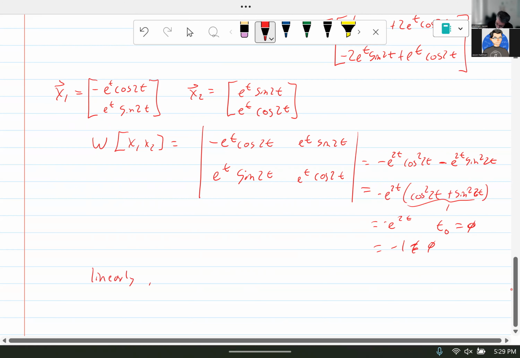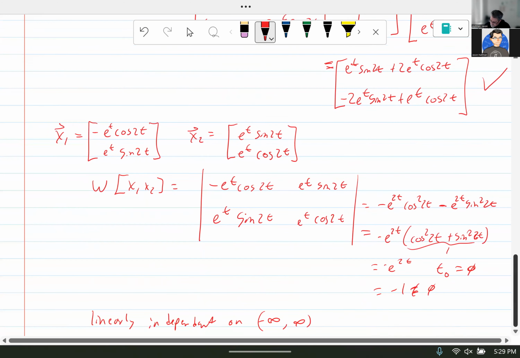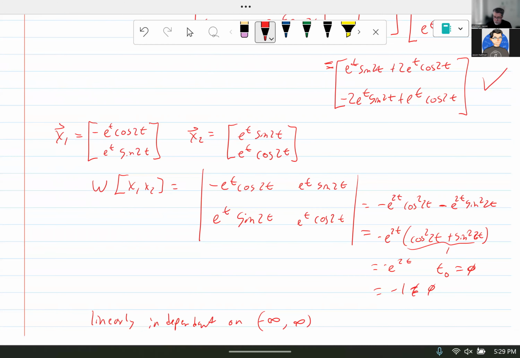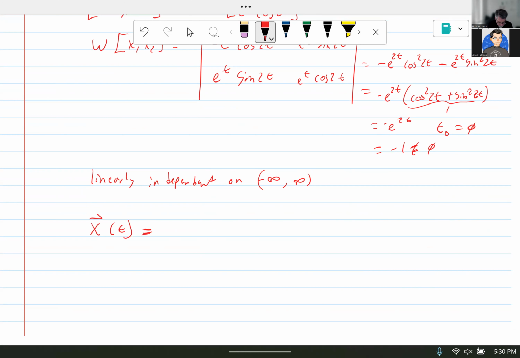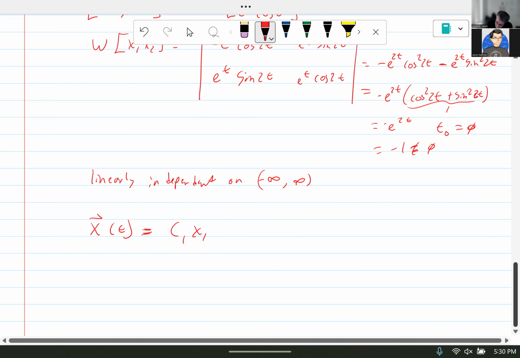on negative infinity to infinity. And since there are two components in each vector, that tells me that I could write the general solution x of t as c1 times x1 plus c2 times x2.